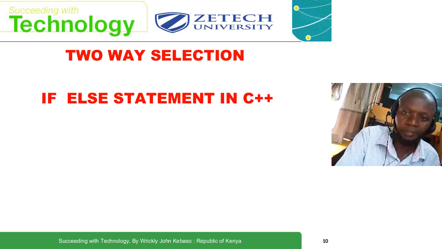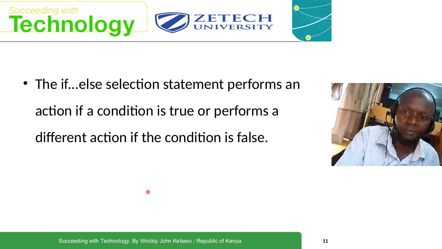So let's look at what happens in this case. We have to have a condition which will be tested. A condition will be tested, and there will be two actions from that condition.